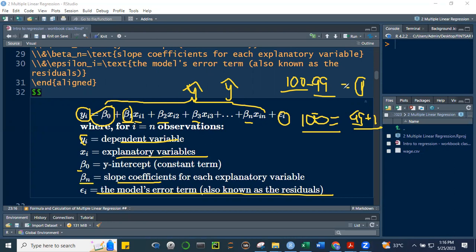May I pause for a while? I'm sure you have met this equation before. So is it clear so far, class? I will appreciate your feedback. Okay. We are 31 here, 32.